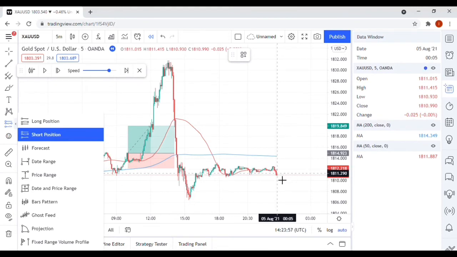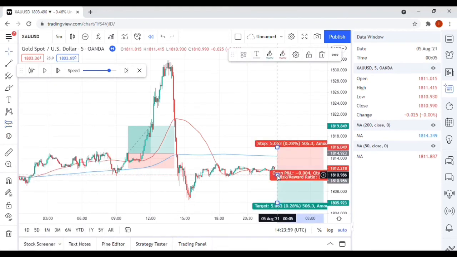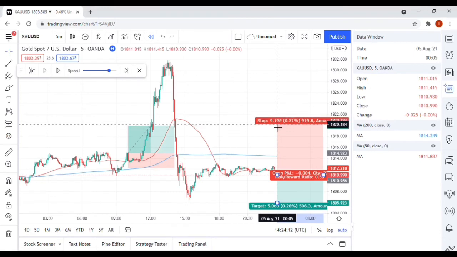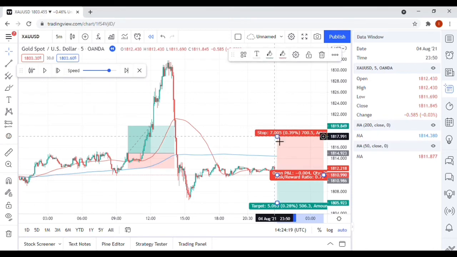I'll take profit. Let's place our stop loss just above here. Because this is our supply zone at this point, but I don't like this supply zone here, because it doesn't really show itself pushing price.